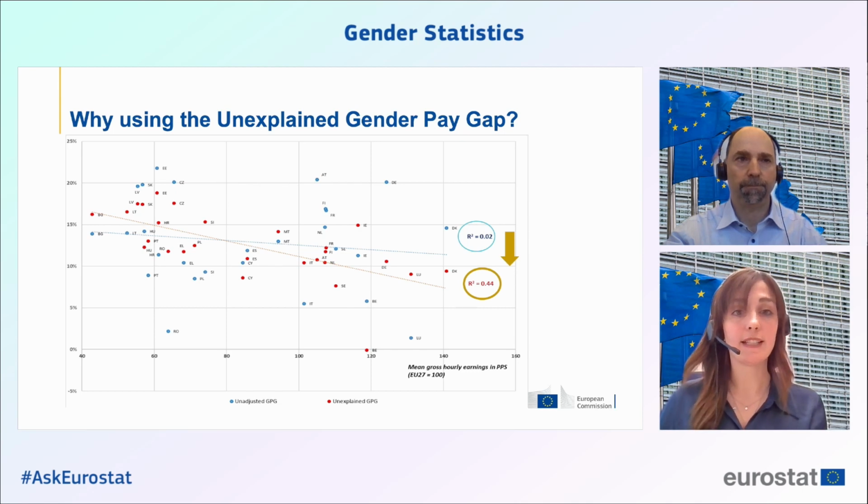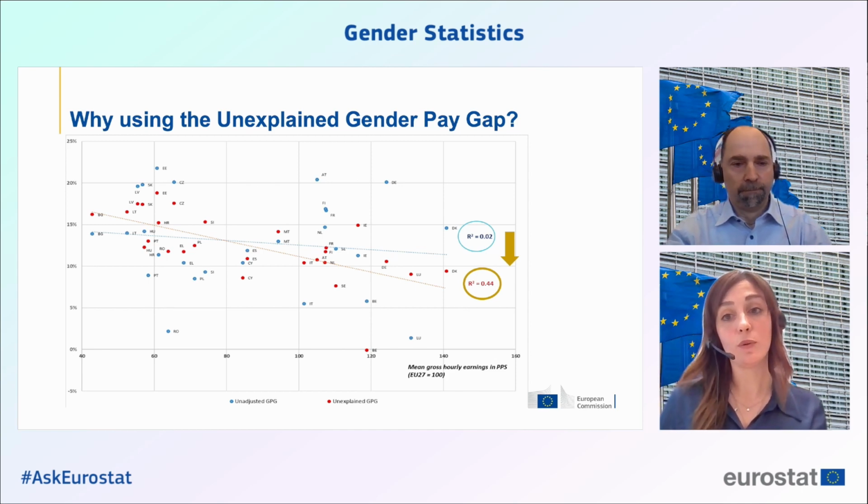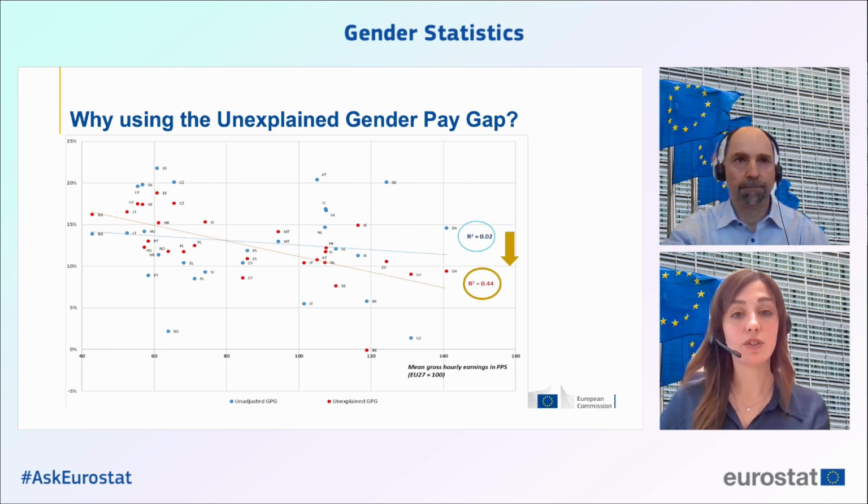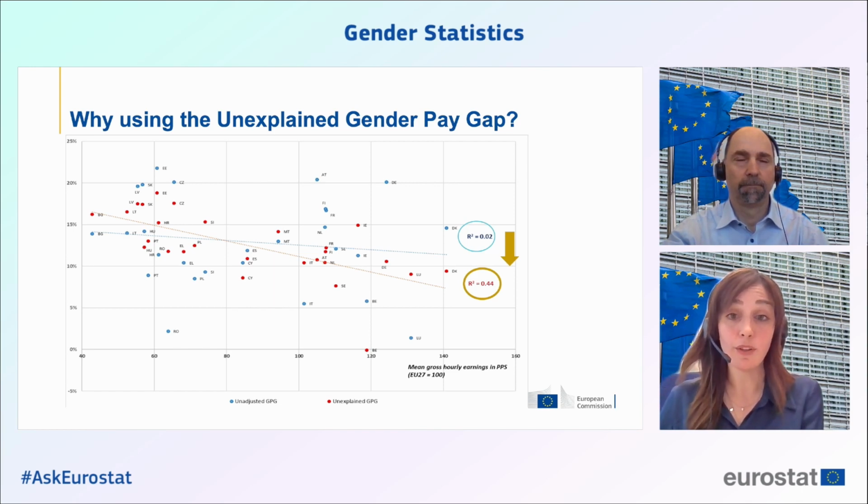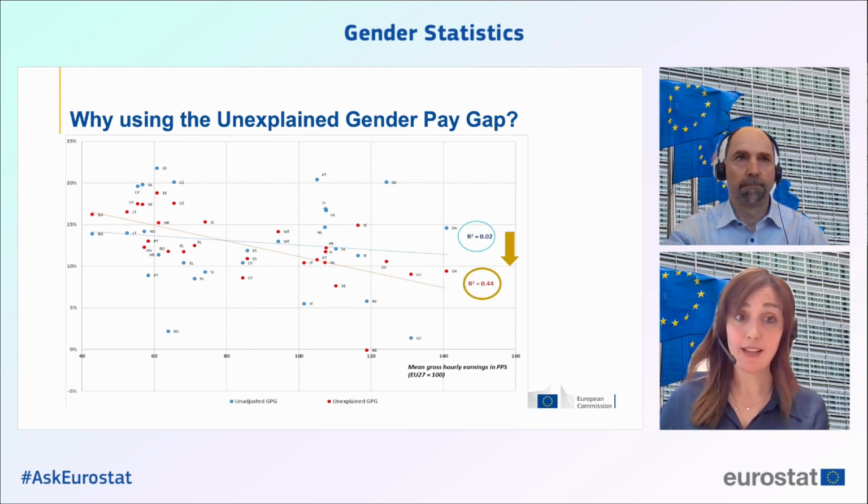So moving to the next slide, the question is, should we use the gap after adjusting? Well, if we look at both indicators, the original one in blue and the unexplained after adjusting in orange, and how they correlate with an indicator of socioeconomic development, such as the mean gross hourly earnings in purchasing power parities, we can see that the unadjusted explains almost nothing of the variance, only 2% of it, while the unexplained explains up to 44% of the variance of the behavior of the indicator.